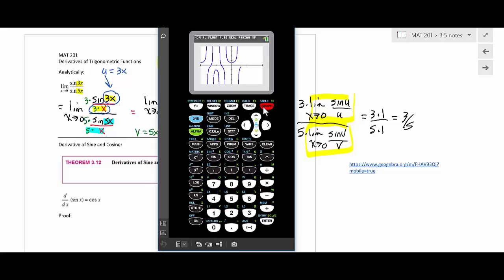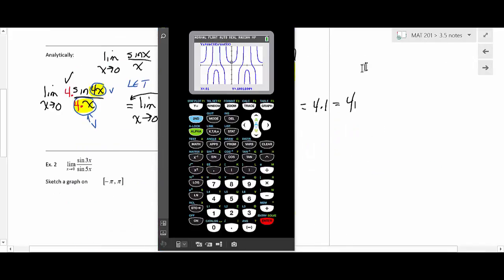So what we're interested in is the limit as x goes to 0. Okay, well what you could do is this. If you traced at something very close to 0, like 0.01, what you're going to end up getting is about 0.6. I'm going to go to the previous page here.